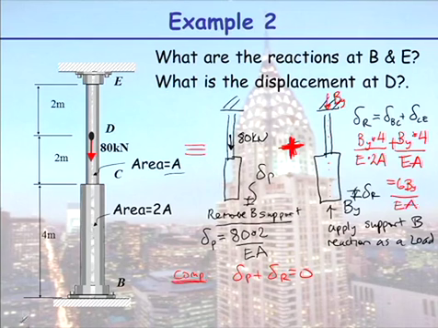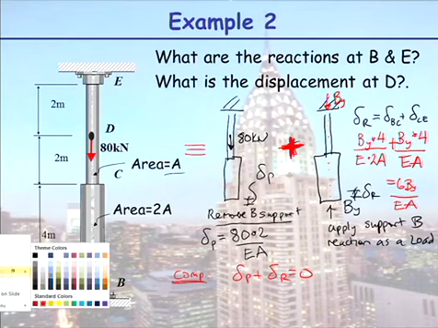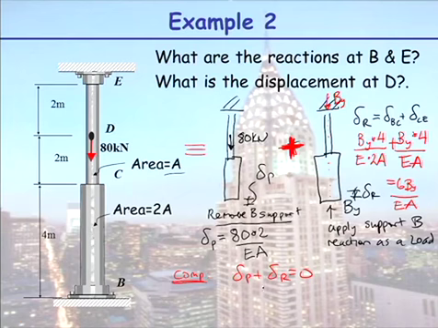Thus, when we link those two determinate systems up using compatibility, we would now say 80 times 2 on EA. One's a stretching, so then we can take away our compression. Doesn't really matter which one you say is negative or positive. That equals 0.